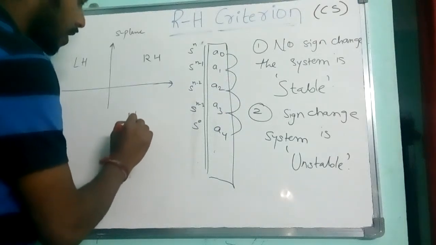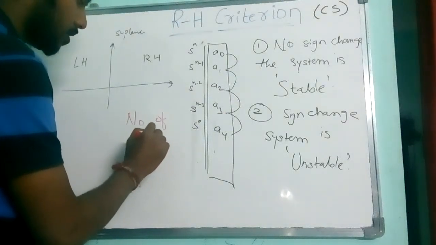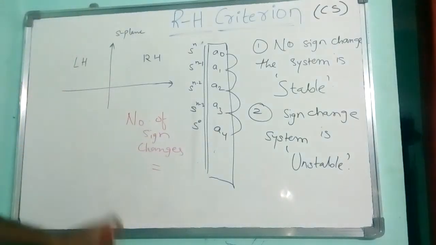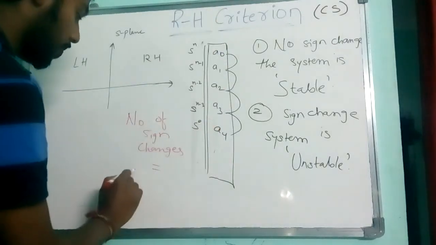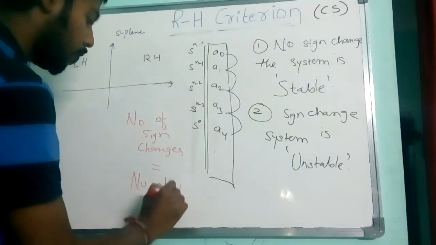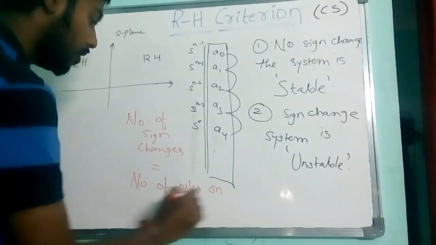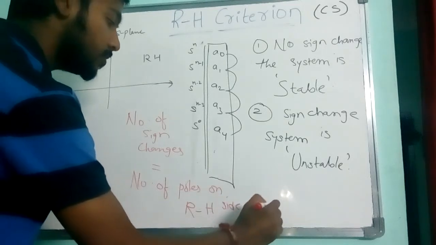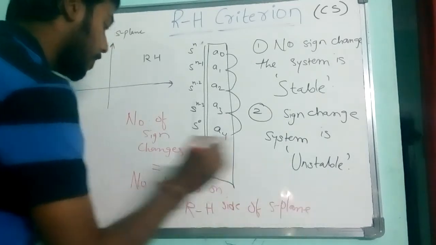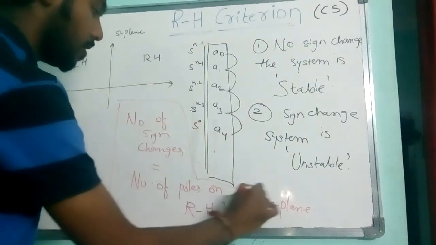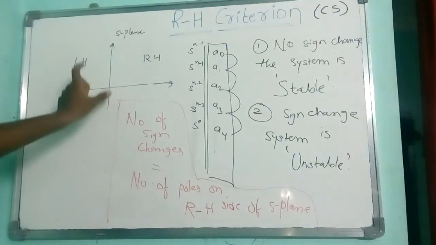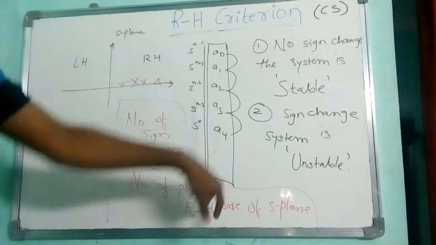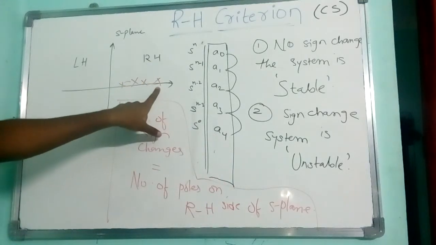What does the number of sign changes in the first column indicate? The number of sign changes indicates the number of poles on the right hand side of the S plane. If there are 4 sign changes, then there are 4 poles on the right hand side.